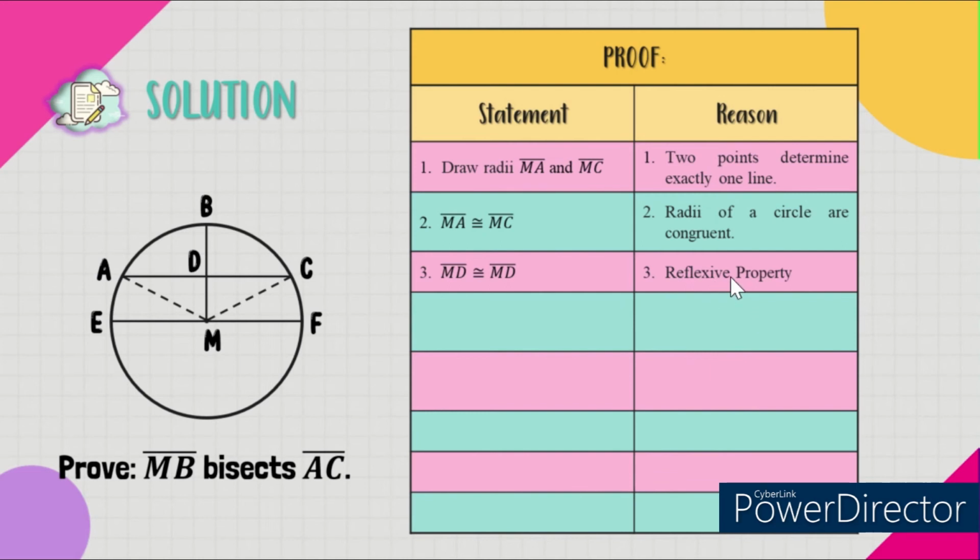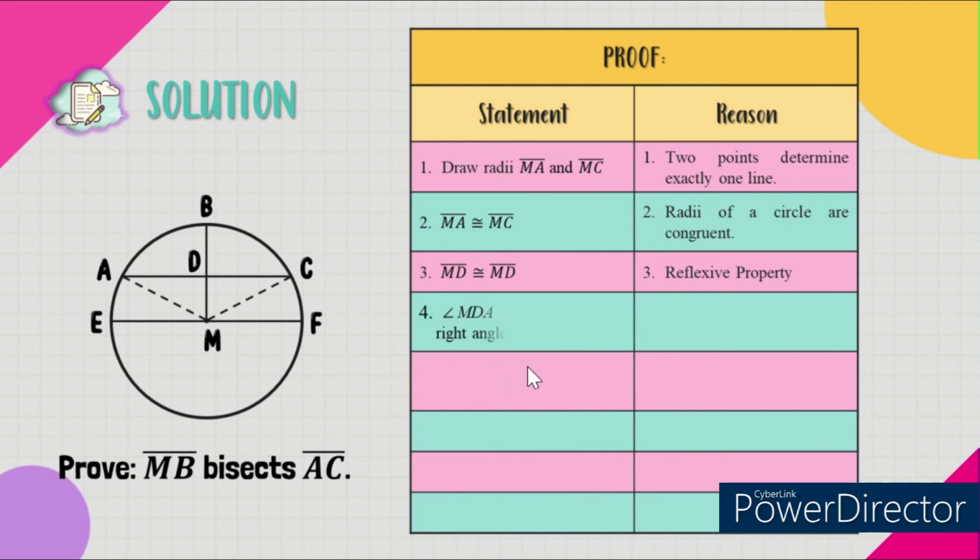The reflexive property states that any shape is congruent to itself, and that a figure, this figure triangle AMC, is divided by a bisector, the line segment MB, into two equal parts, which are triangle MDA and triangle MDC. So in short, triangle AMC is divided into two equal triangles because of the bisector.